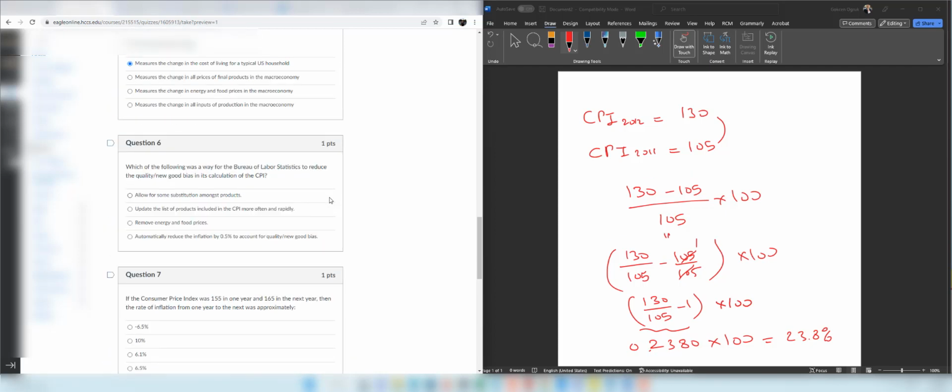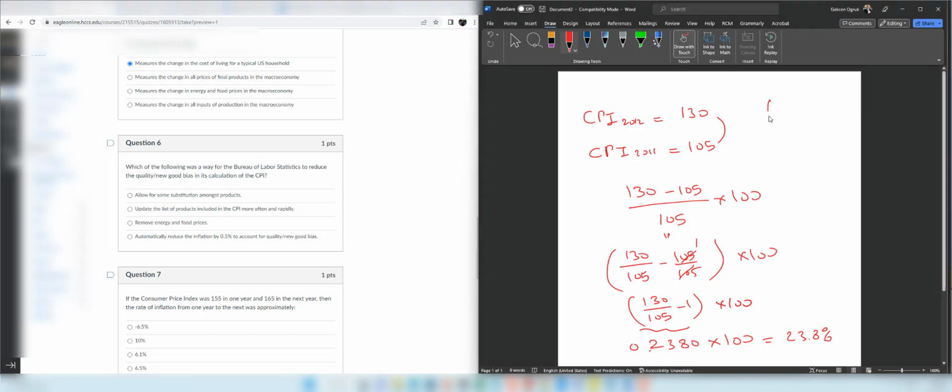Question 6. Which of the following was a way for the Bureau of Labor Statistics to reduce the quality new good bias in its calculation of the CPI? If you read the textbook, you find out that CPI is based on a fixed basket. Fixed means that the goods and services in this basket don't change easily.